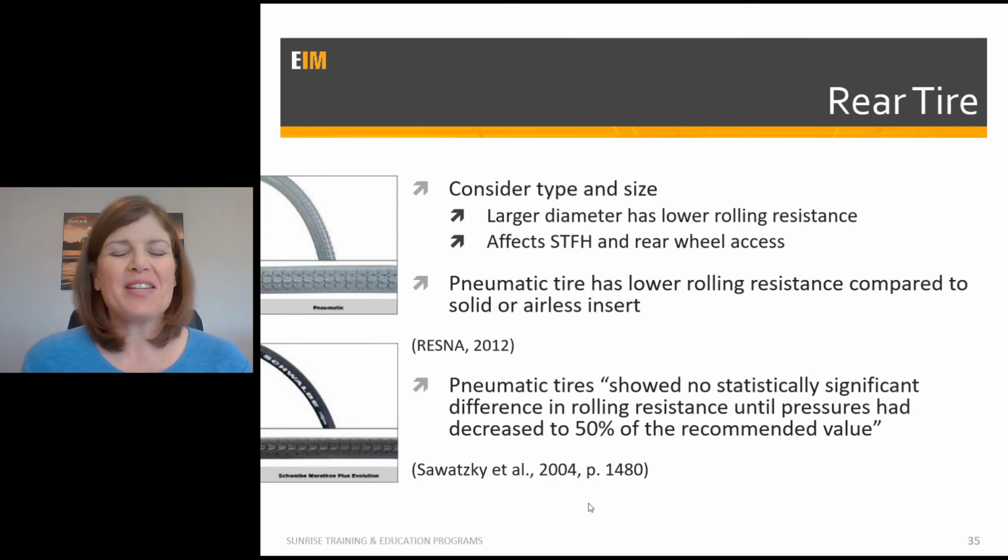So that's a significant amount before there was this statistical significance occurring. In another study that was done, it was found that maintenance of about once a month was sufficient to maintain the air inflation of pneumatic tires. So not a significant amount of time required for the maintenance of the pneumatics.